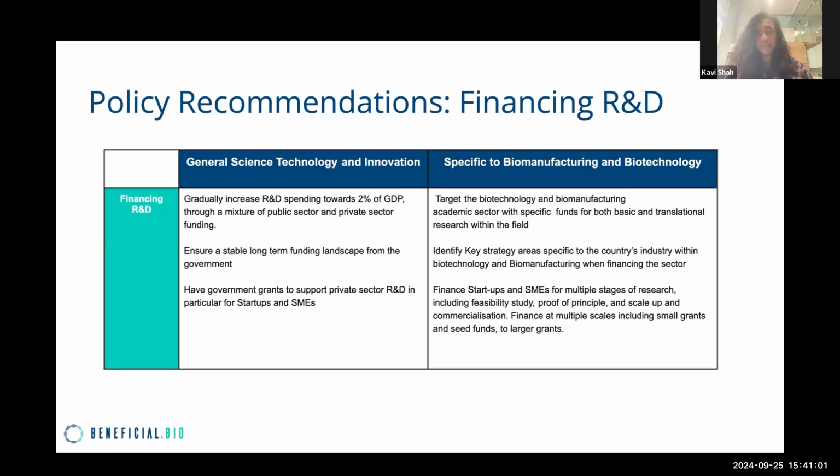Certain members I've spoken to have identified key innovation areas within a country, whether it is hardware associated with biotechnology or producing medicines that could be supported, and also financing startups at different scales.